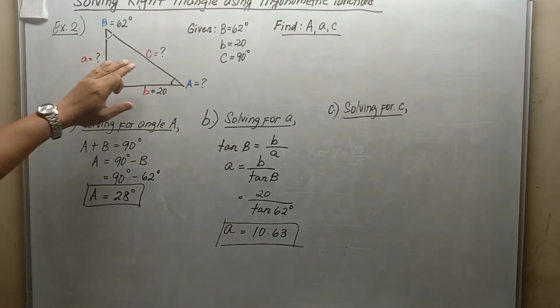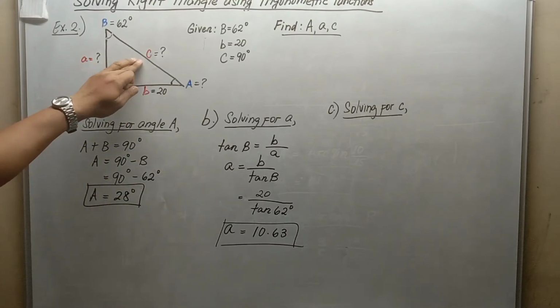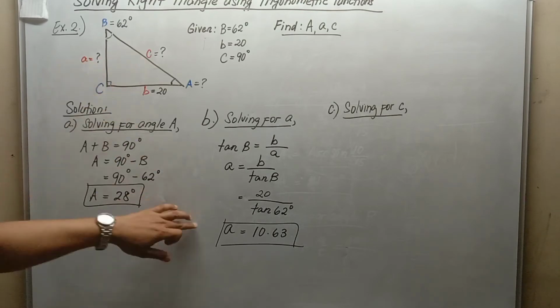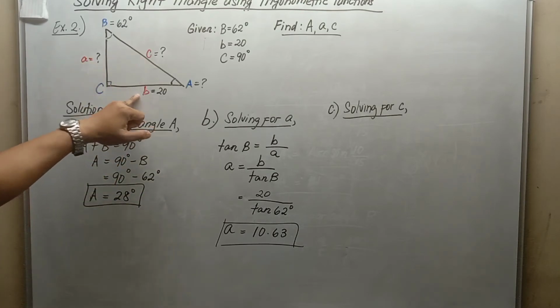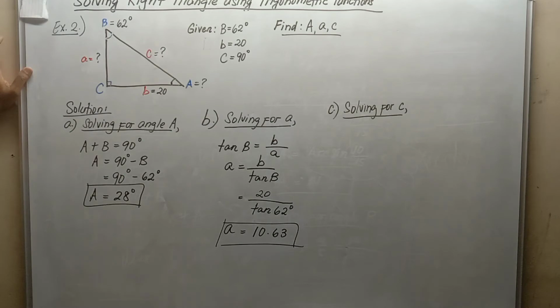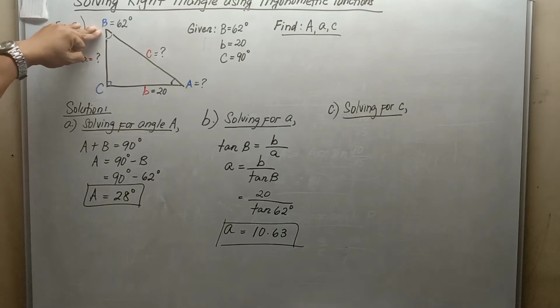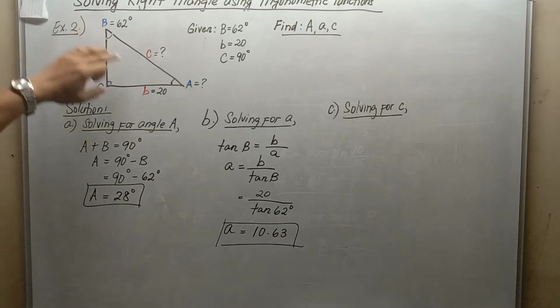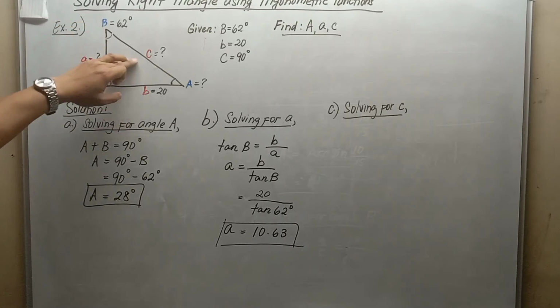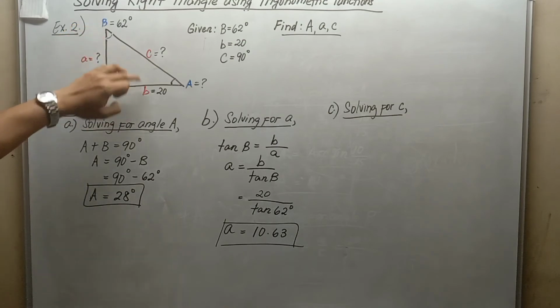We already have the value of A and B. So, based on this angle B, we can use the sine function. Sine B is equal to opposite over hypotenuse, b over c.